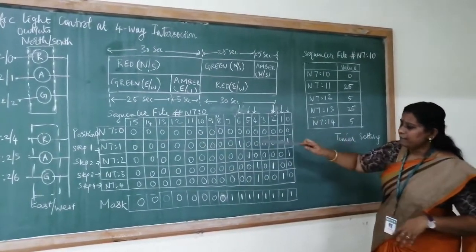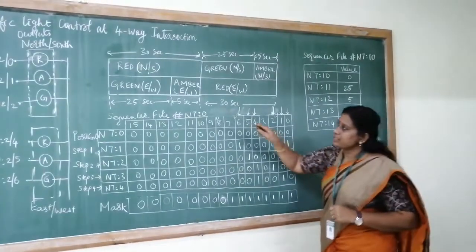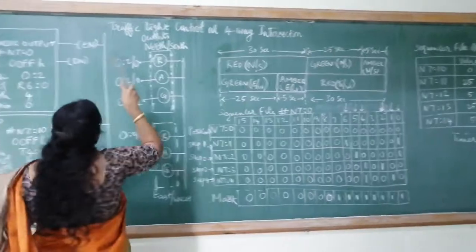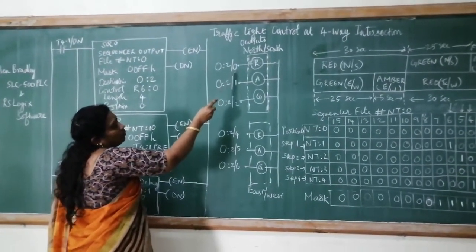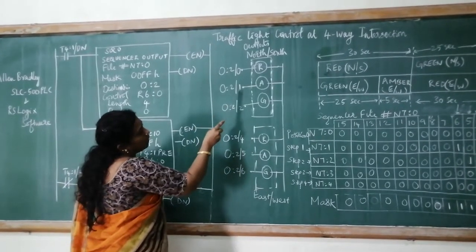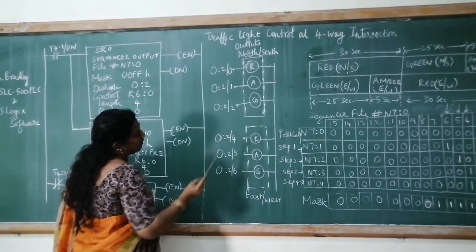Next, we have to initialize the sequence. As I said, the outputs are connected to the output device O:2. Bit 0 is connected to the red light, bit 1 to the amber light, and bit 2 to the green light.